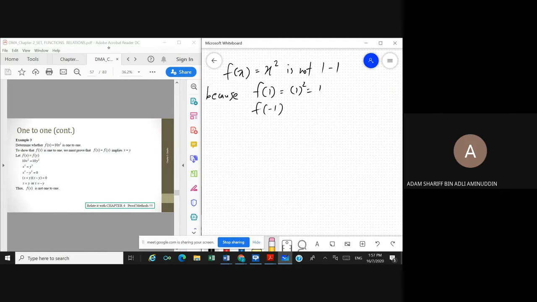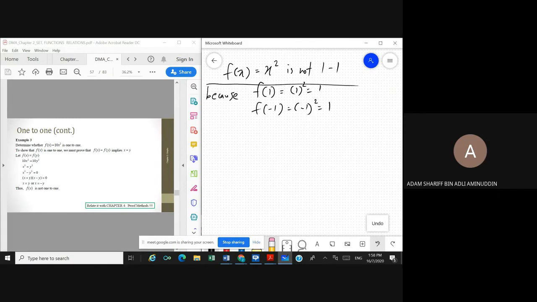If I put negative 1, it will be 1 as well. If I draw the graph like this, 1, negative 1, it will answer to the same 1. Therefore, this is definitely not 1 to 1. By the way, this can be a proof already if I write this nicely. Okay, I write this nicely, yeah.